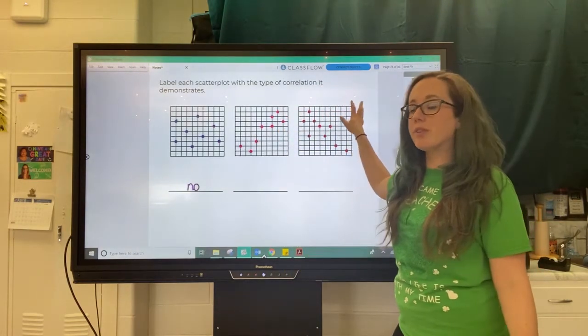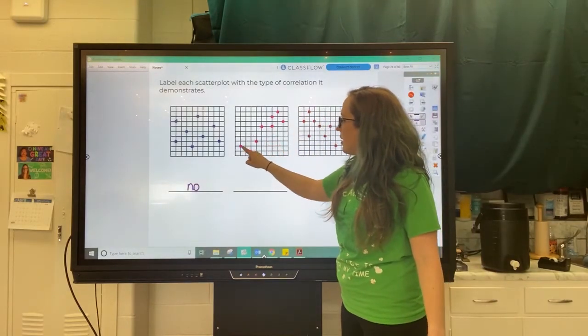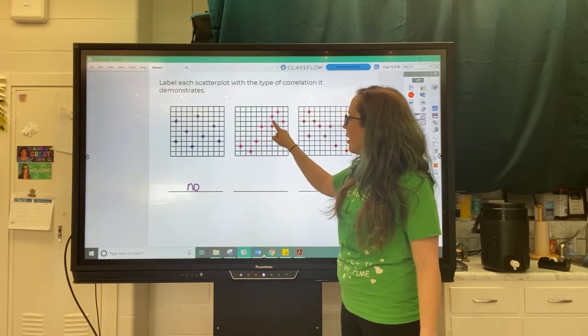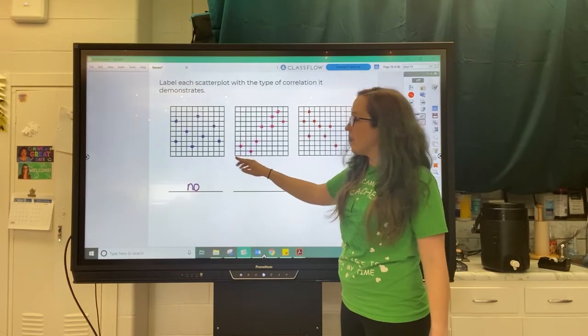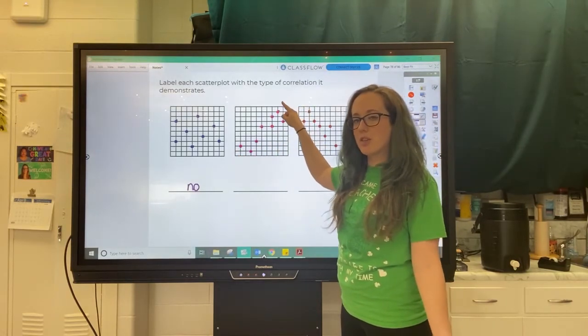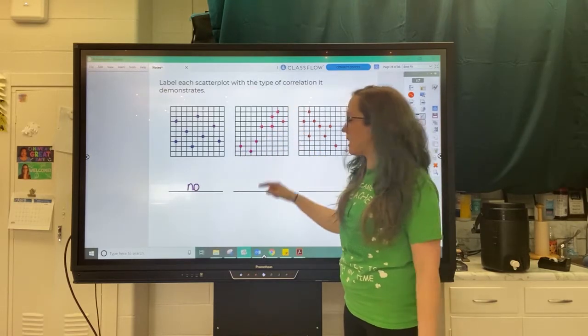None whatsoever. But then if you look at these pink dots, they start out real low and then they get higher and they're going in an upward direction, just kind of like slope. So if a slope went this way, that's a positive slope. Same with scatterplots.